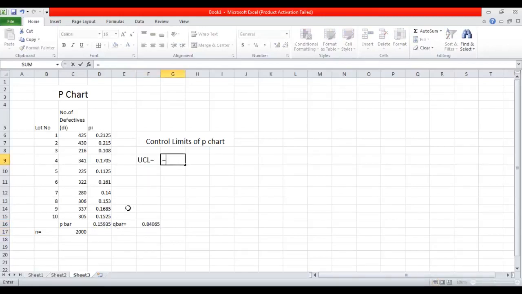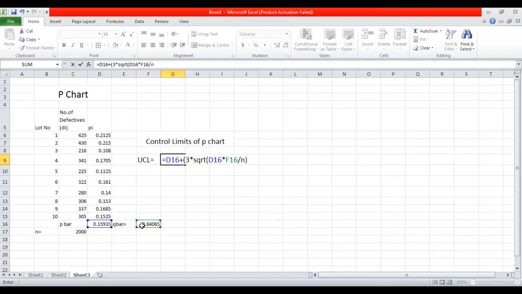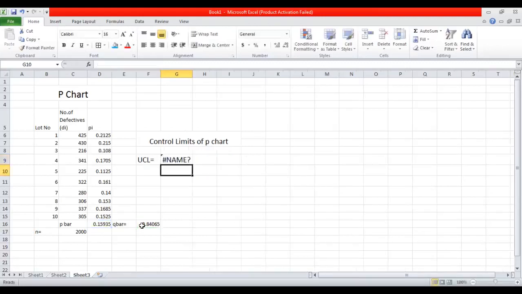Equals P bar plus, open the bracket, 3 into square root of P bar into Q bar divided by N. Everything comes under the square root. Now close the bracket.